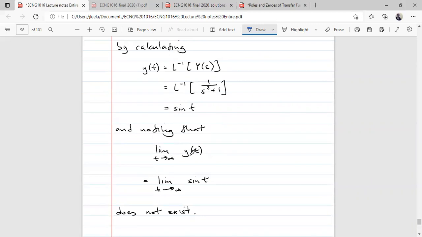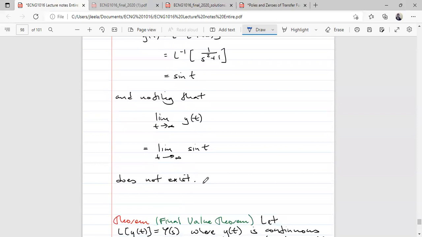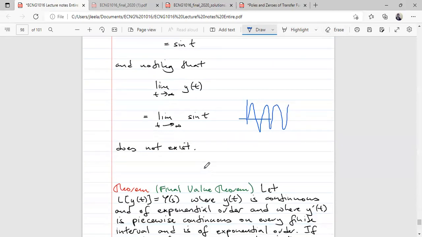As t approaches infinity, sine t doesn't converge, because you get oscillation up and down. I didn't draw it perfectly, but just as the sine graph goes, it keeps oscillating, so the limit doesn't exist for sine t.